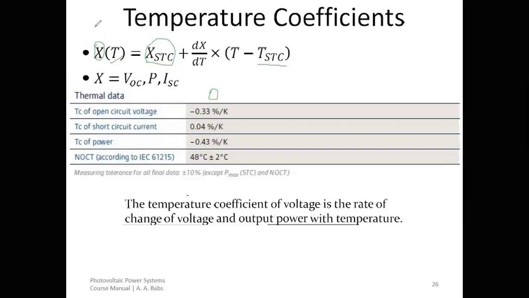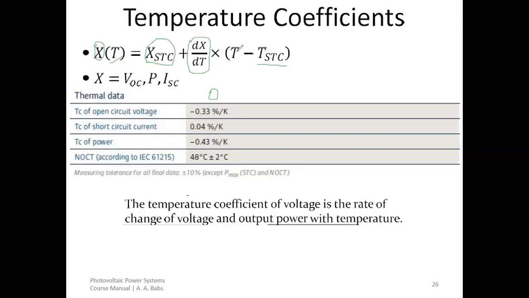It could also mean voltage, like I explained with the two graphs that I drew for you. So it could be voltage against temperature, or power against temperature, or probably even current against temperature. So what you see here is that if we say x is equal to P, which is power, this becomes power at temperature T, this becomes power at standard test condition, and this dx/dt now becomes our temperature coefficient, the rate of change of power with respect to temperature.